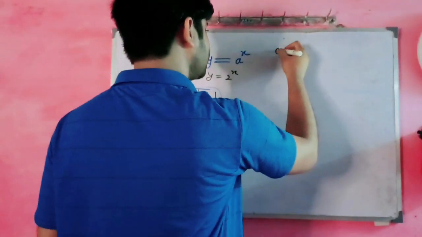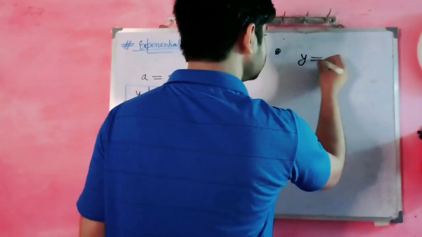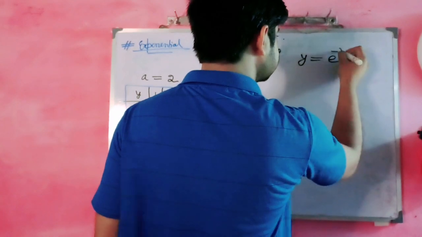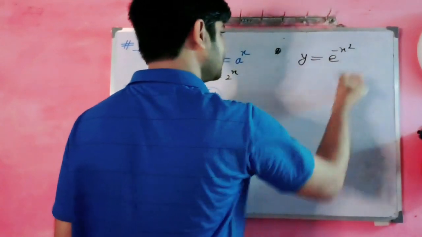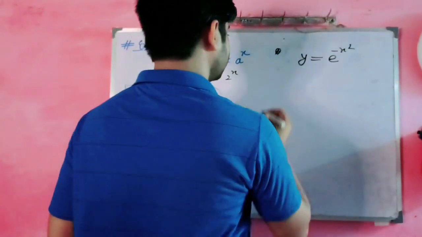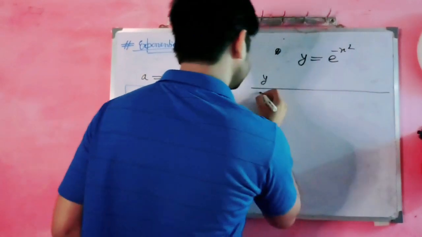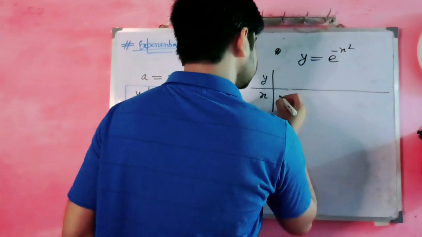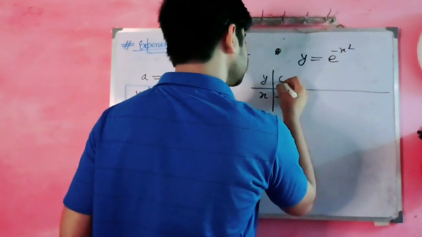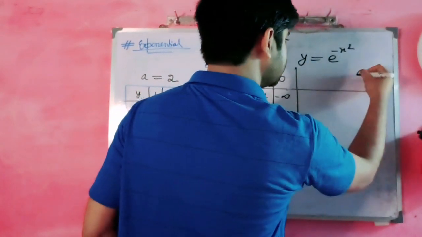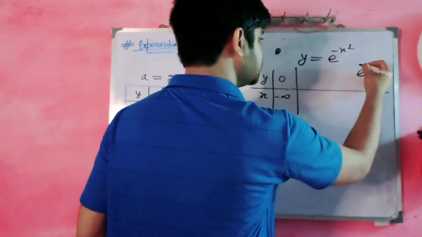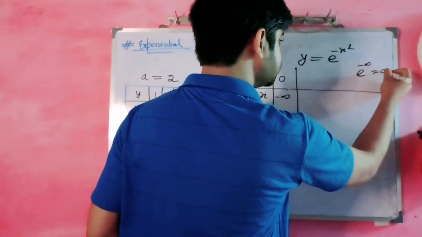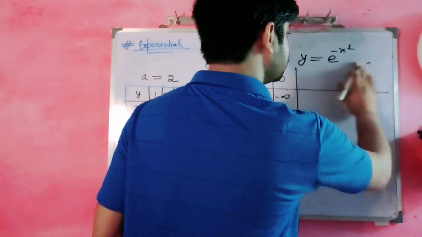Now let us consider another condition, y equals e raised to minus x square, which is a very important graph. Let us do the similar thing as before. If x equals minus infinity, then it is e to the power minus infinity, which is actually 0.